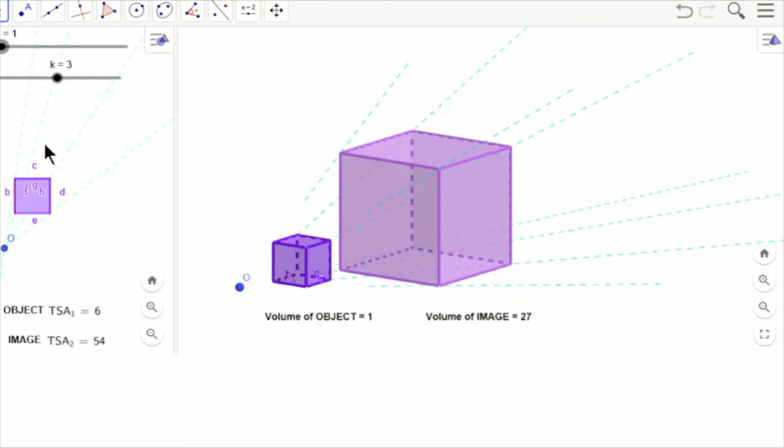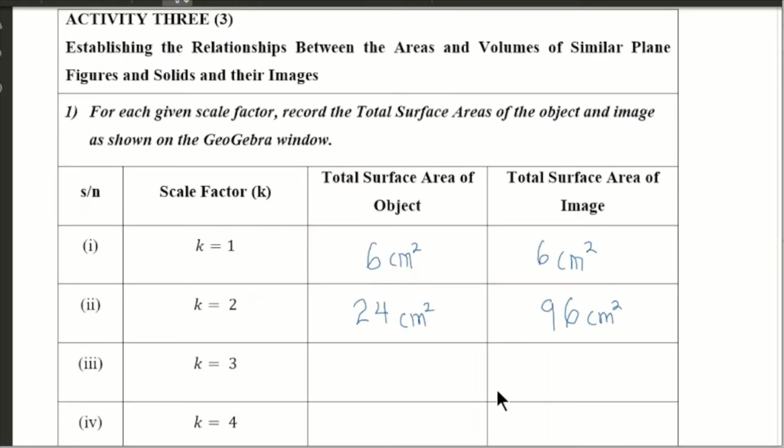Let's use a length of 1. So with the scale factor being 3, we have a total surface area of the object to be 6, and the total surface area of the image to be 54. So we can record that here. So we have 6 centimeters squared, and then 54 centimeters squared.